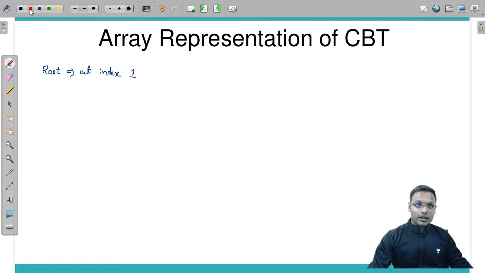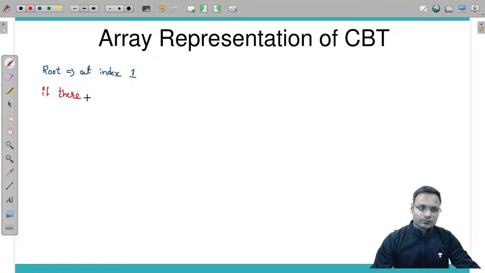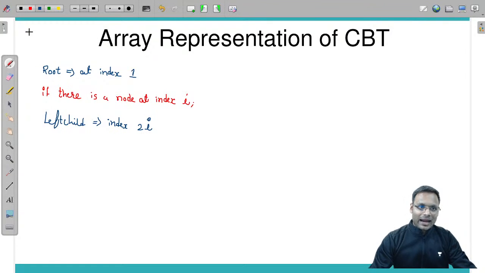And if there is a node at index i, then the node's left child is stored on index 2i, and the right child of the node is stored in the array at the very next index after 2i, which is 2i plus 1.